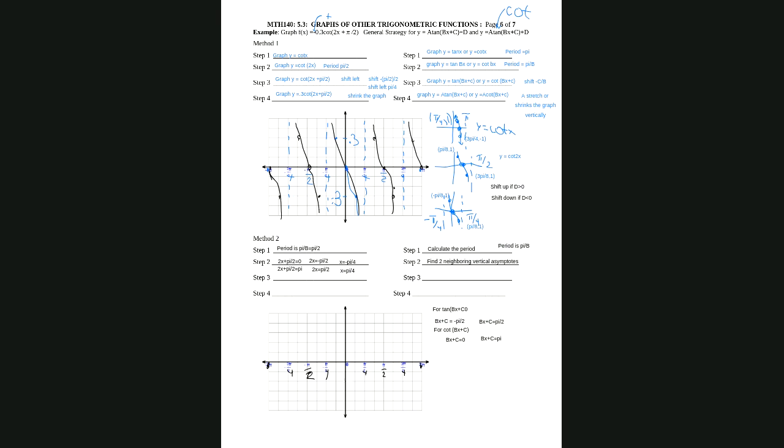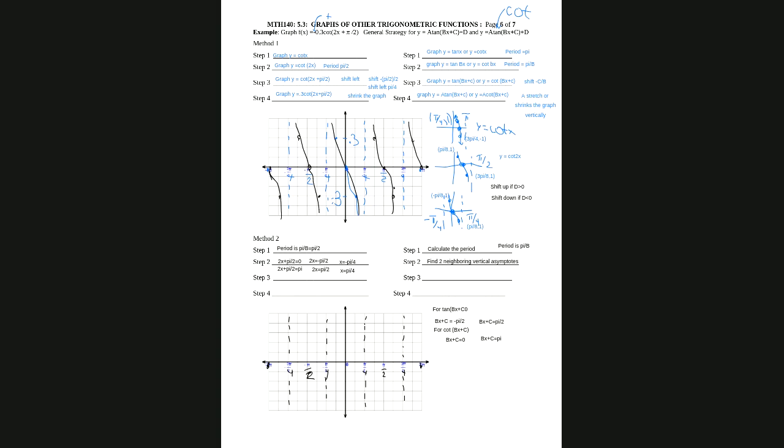And so then I'll go ahead and fill in my vertical asymptotes at pi over 4 and at negative pi over 4. And so now I know how far apart my asymptotes are going to be. So I'm going to go ahead and fill in my other vertical asymptotes. Okay.